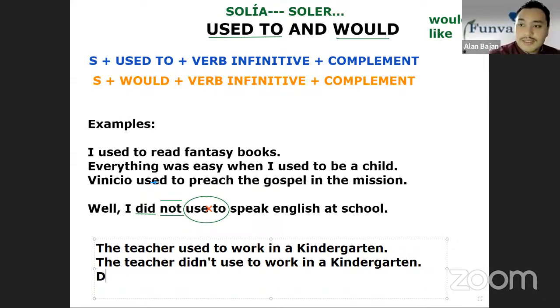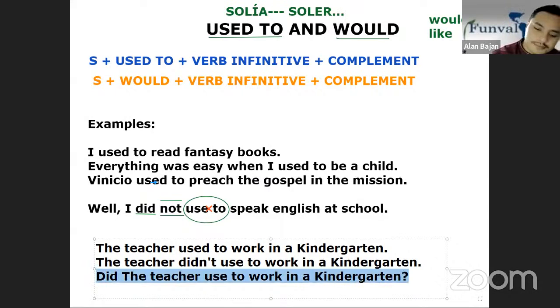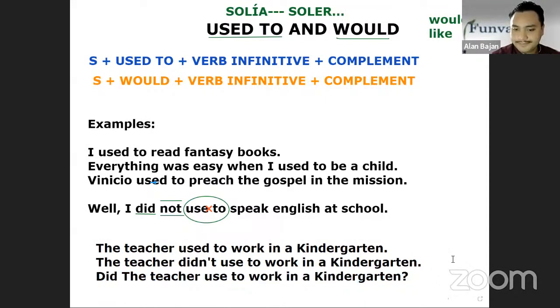Interrogative. What is my auxiliary? Did. Subject. The teacher used to or no ed at the end. What do you think? No ed. Did the teacher use to work in a kindergarten? For interrogative sentence, I use my auxiliary did, and then the expression use to.